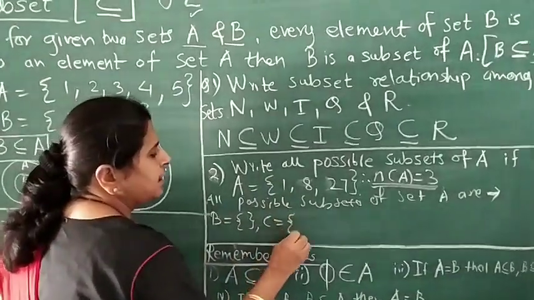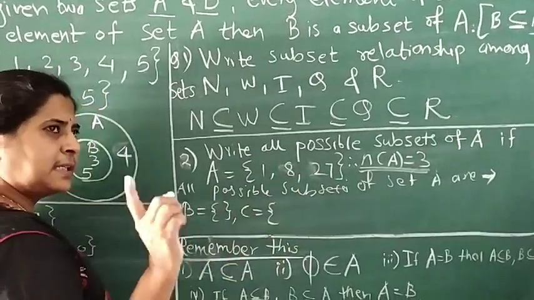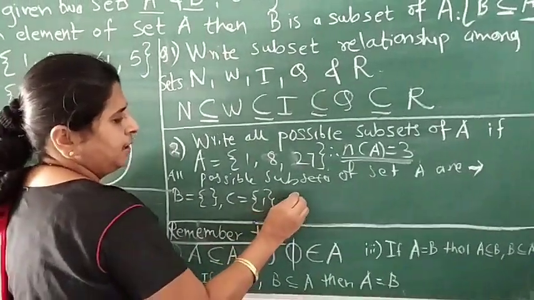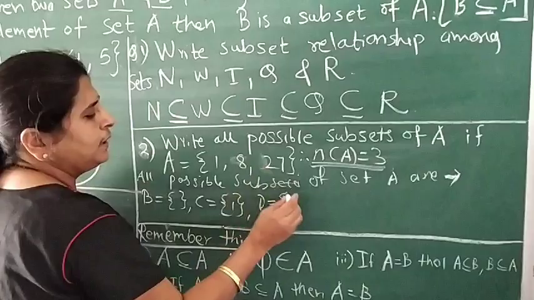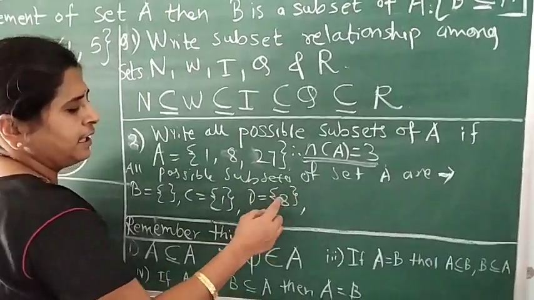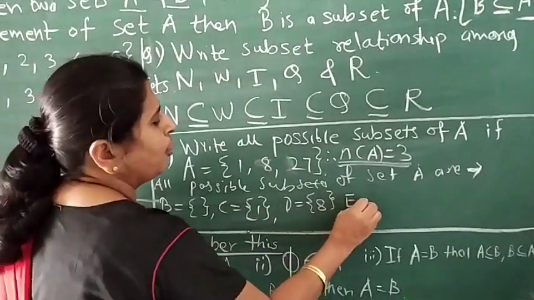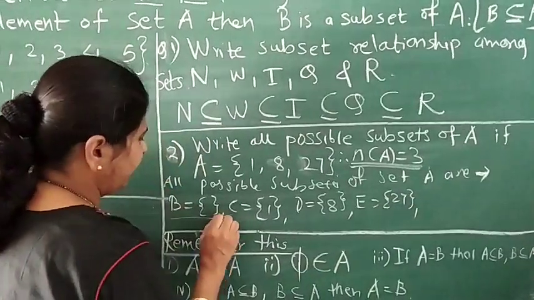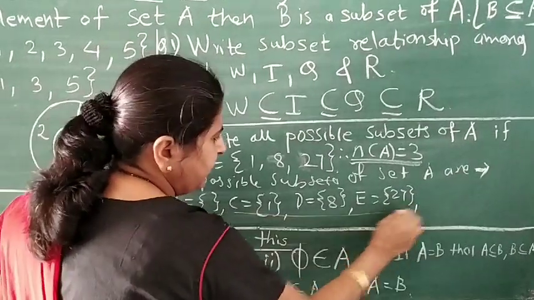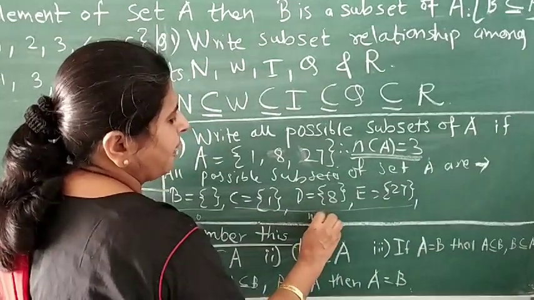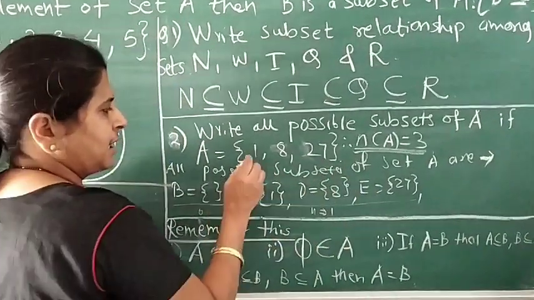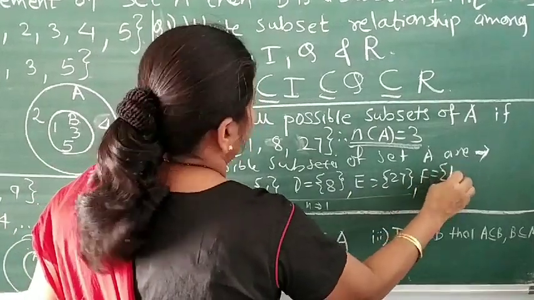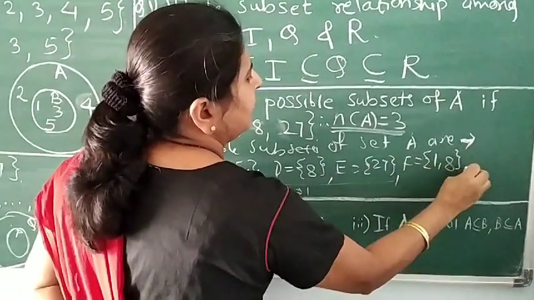Now out of these 3 elements, take one element at a time. So taking one at a time: 1, then the next element only 8, one more, only 27. So here we have taken number of elements 0, and here number of elements 1. And if we take 2 elements at a time, that is 1 and 8, E. The next we can take letter F: 1, 8.